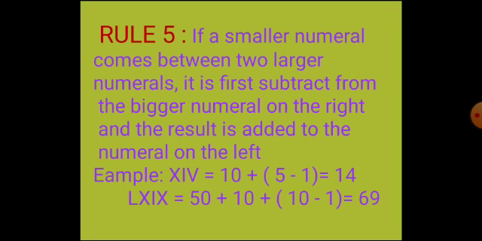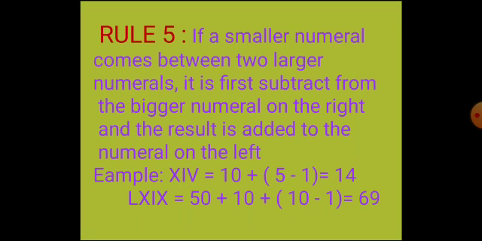The right side bigger value is V, the value of V is 5. So we have to subtract I from V. So 5 minus 1. Then later add to X. X value 10, the left side bigger value is 10. So 10 plus 5 minus 1. 5 minus 1 means 4. So 10 plus 4, 14, children. The value of XIV in the Indo-Arabic system is 14.